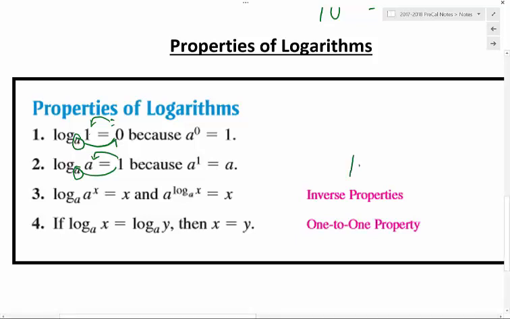In other words, if I had log base 3 of 3 to the x, it would equal x, because I'd say 3 to what power equals 3 to the x. Now I have a 1-to-1 situation where it simply drops. So when I have log base A and the same base with an exponent as the argument, it automatically is whatever that exponent is.